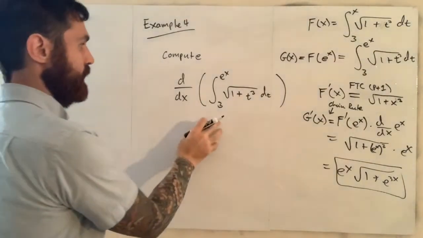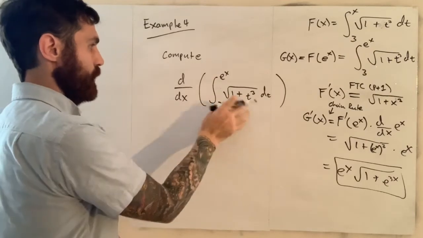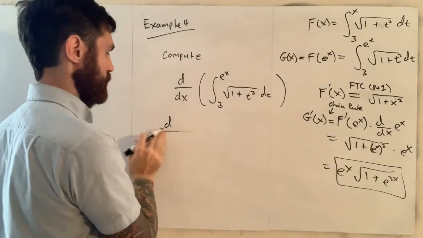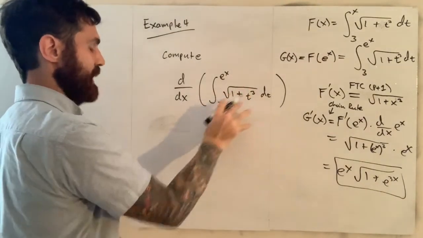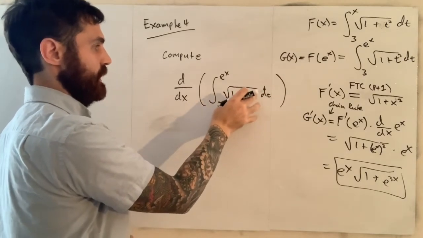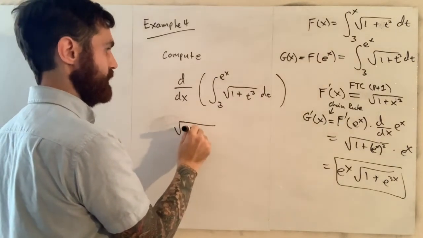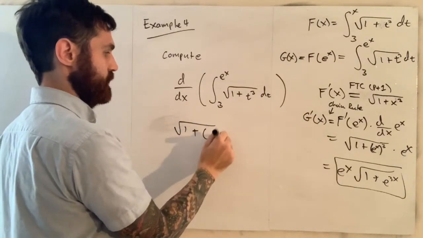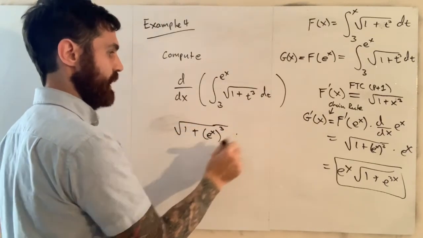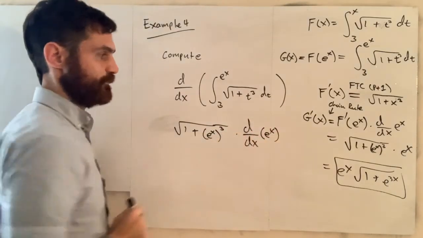Okay, so again, this is a function of x. And so what we have to do is take the derivative of the outside function, which is going to be the integral, with the inside function in it, times the derivative of the inside function.